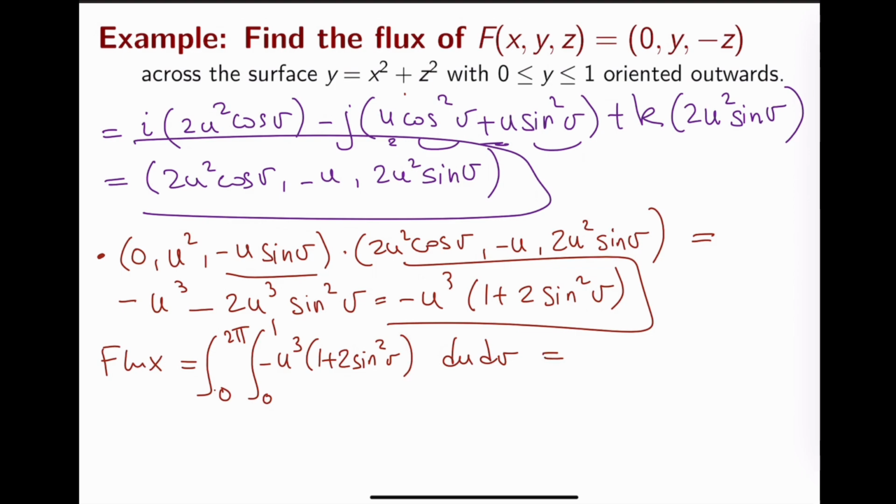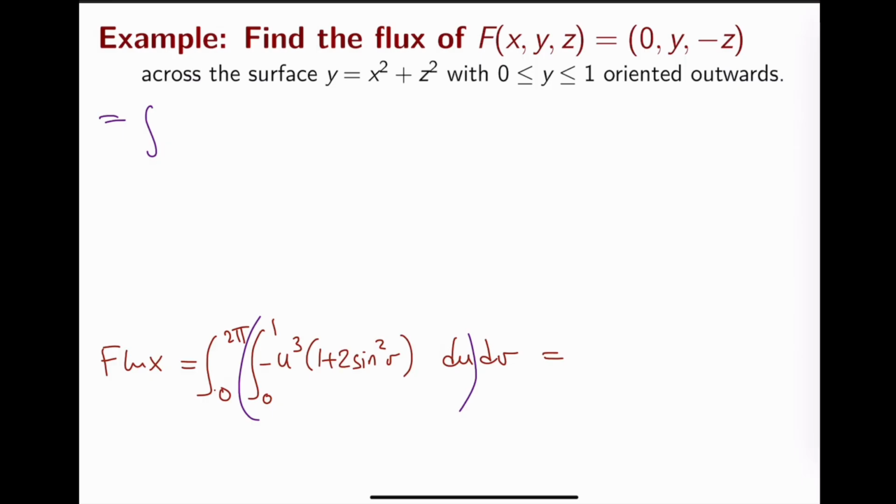Okay, so now we integrate this function. We're going to have the integral between 0 and 2 pi of, and so integrating this function here, this is with respect to u, so all this part is a constant, right? I mean, all this part is going to be out of the integral, and we are going to integrate just this part.